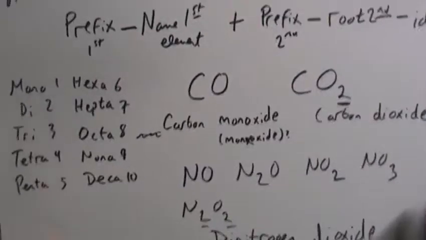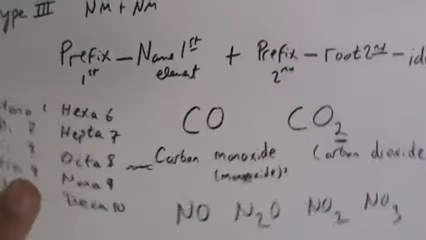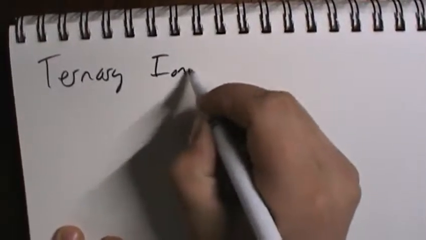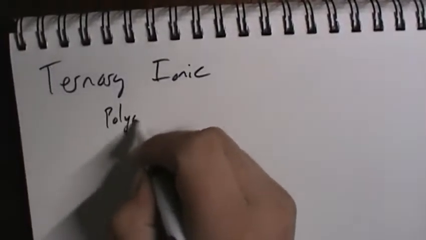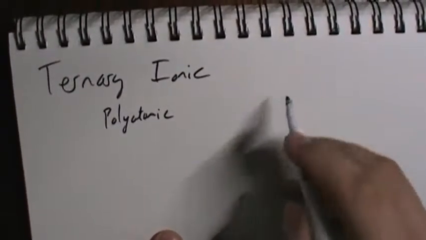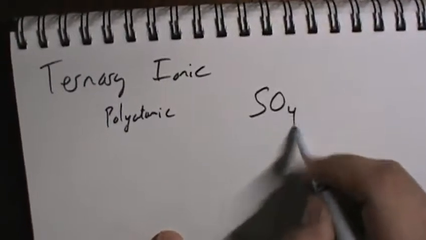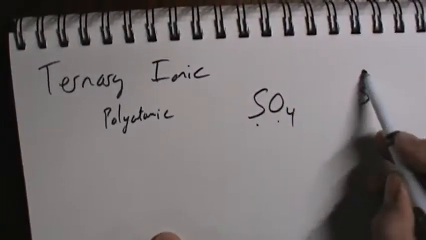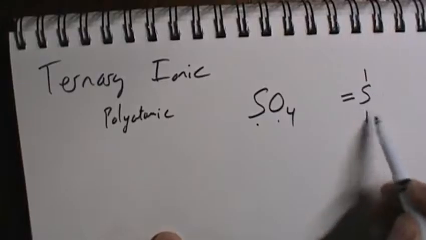The last kind of compounds aren't binary at all, they are ternary compounds. And these are always ionic. Now the thing about a ternary compound is they're using things called polyatomic ions. And inside of a polyatomic ion, for example, sulfate, sulfur and the 4 oxygens are actually covalently bonded to each other.